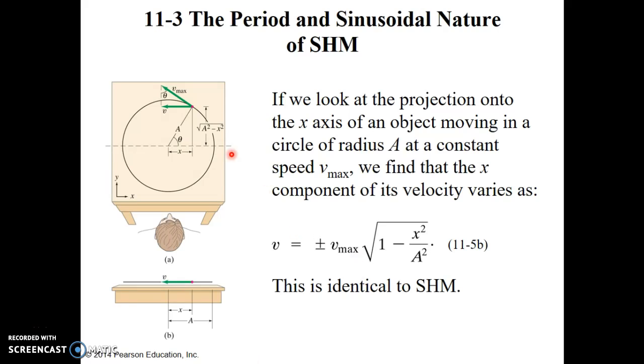Now let's take a look at this example where we have a simple harmonic oscillator moving in a circle in x and y. This gets to be kind of complicated because the object is always a distance A from the center. However, if you look at this from the side, what you will notice is that as it moves around the circle, from the bottom of the circle to the right up to the top of the circle, what you will see from the side is it will just move to the right to your maximum amplitude A, back to the center.